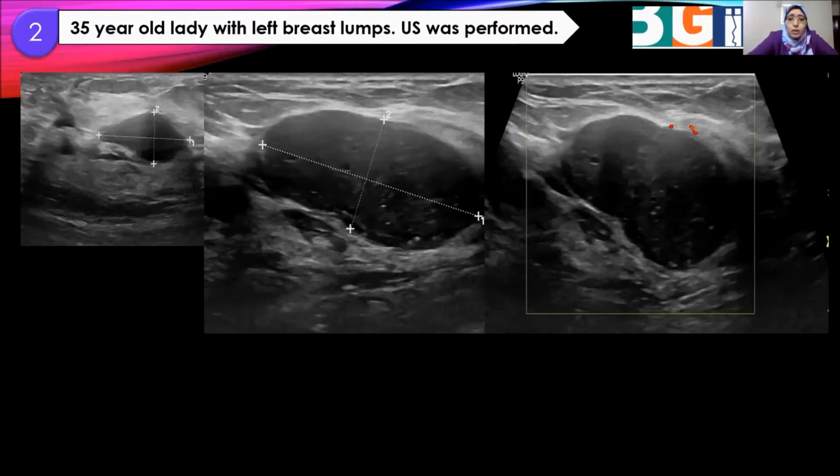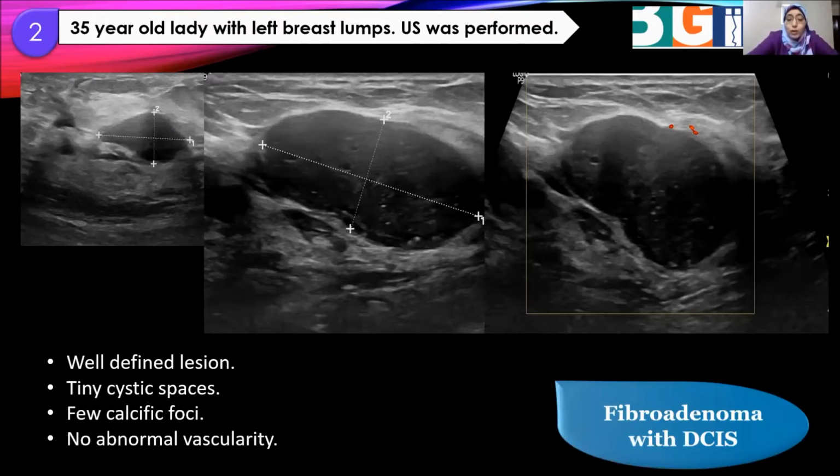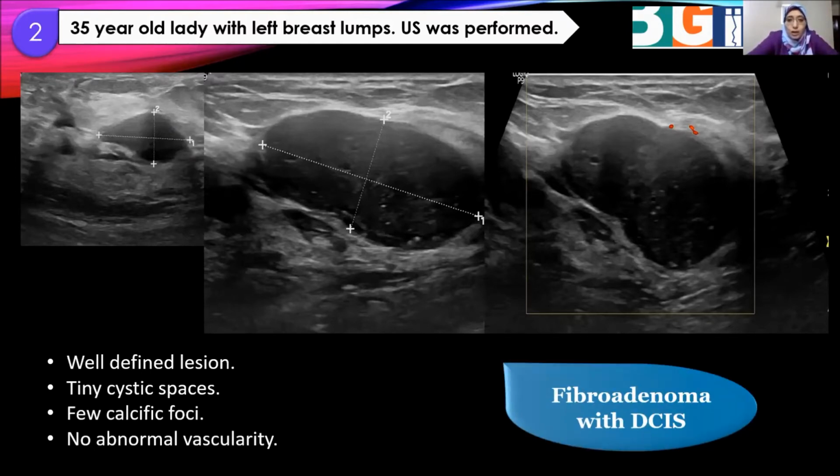It also showed not parallel orientation, with internal calcific foci and internal cystic spaces. There was no appreciable vascularity on the color Doppler. Despite the well-defined margins, the tiny cystic spaces and few calcific foci raised concern, and the tissue biopsy came back as a fibroadenoma with foci of DCIS.